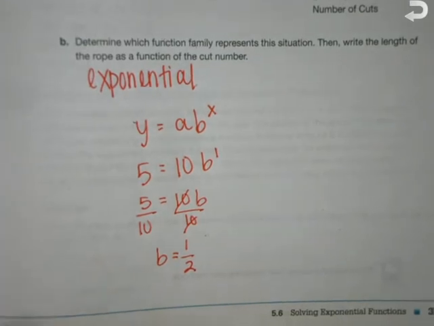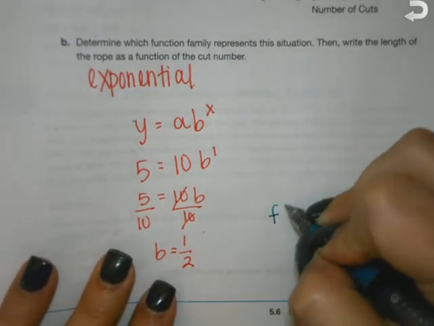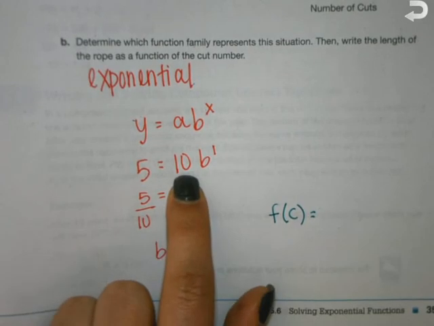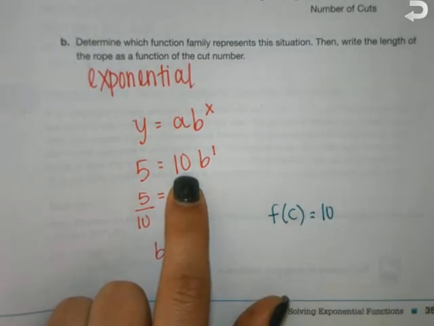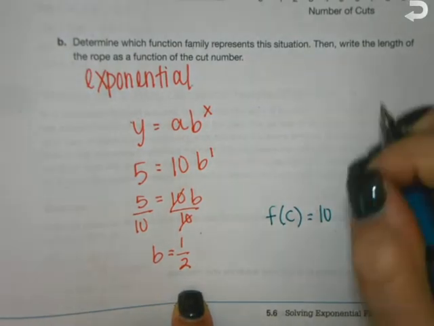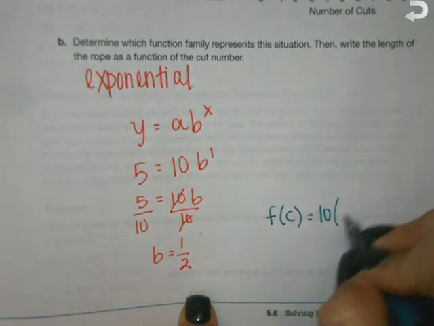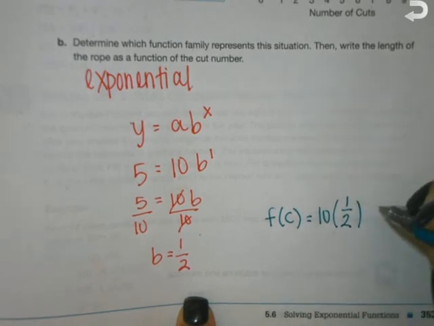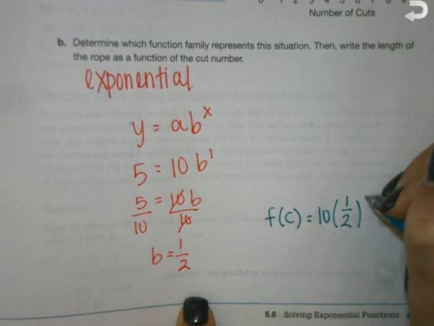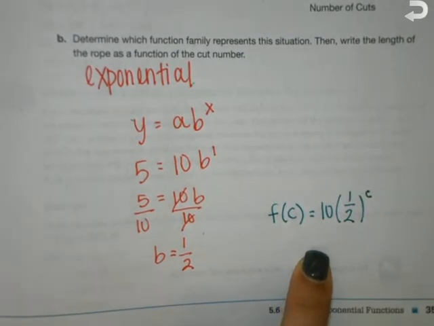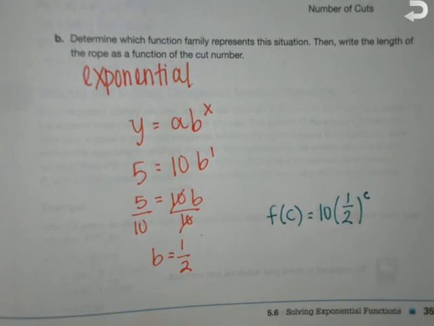So f of c, now we can use it as a function, equals, my starting was 10. A is always your starting number. But B is what? 1/2. And all of that is being raised to the power of, we're going to change X to C though, right? Okay. Now, yeah, that's good. Okay?